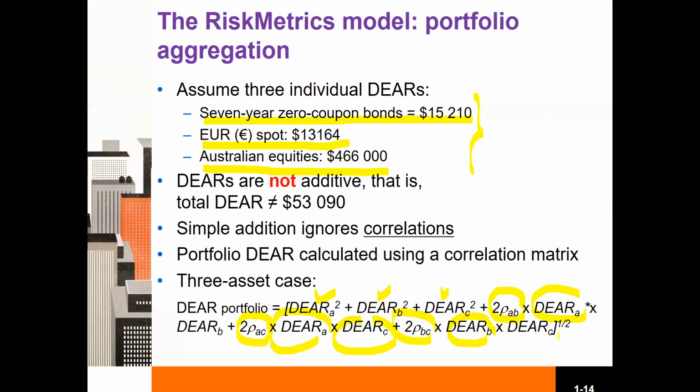If we use this formula for these three, we will see that it's not just the sum of all these three. It will be less than the sum of these three. So this is how we actually calculate the DR of an aggregated portfolio. This is an example for the three asset case. However, we can extend the formula for multiple assets.